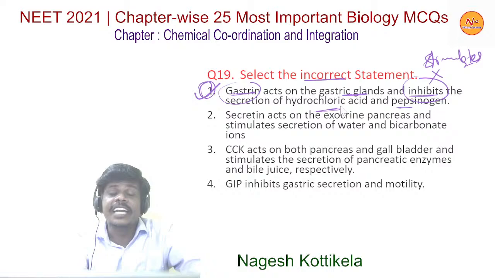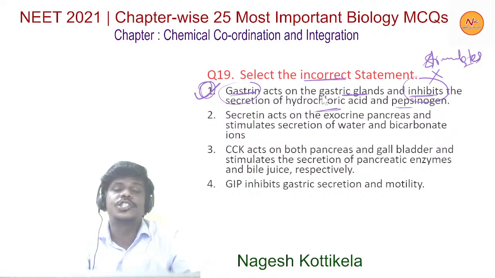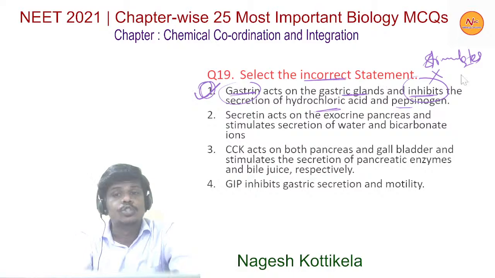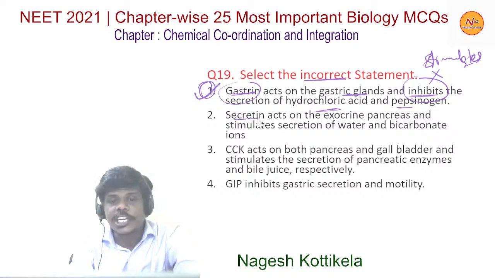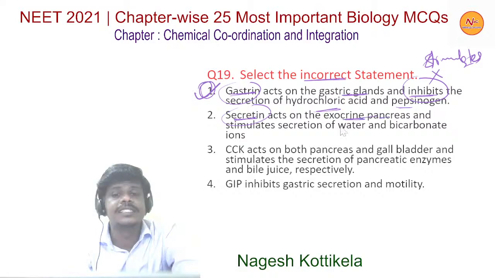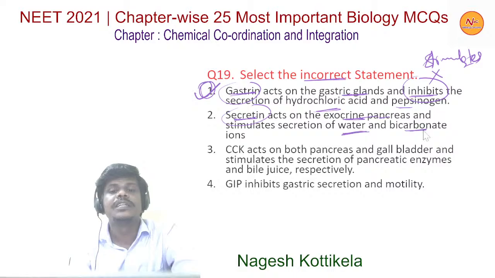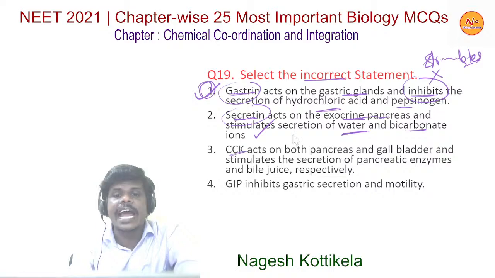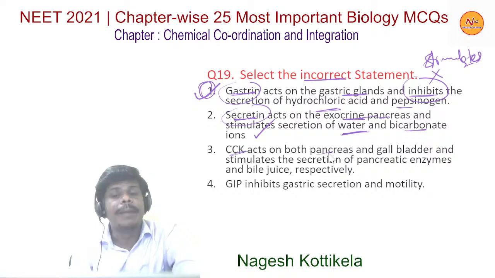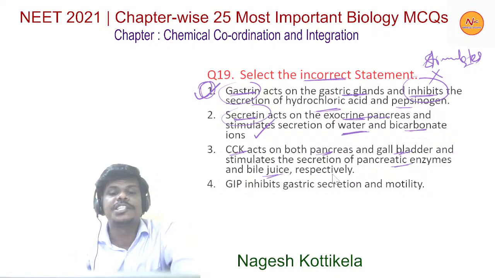It stimulates the secretion of hydrochloric acid and pepsinogen, but here it is given inhibits, so this one is the incorrect statement. Now, if we check the other options, like secretin hormone acts on exocrine pancreas and stimulates secretion of water and bicarbonate ions. This one is correct. And CCK acts on both pancreas and gallbladder and stimulates the secretion of pancreatic enzymes and bile juice respectively.